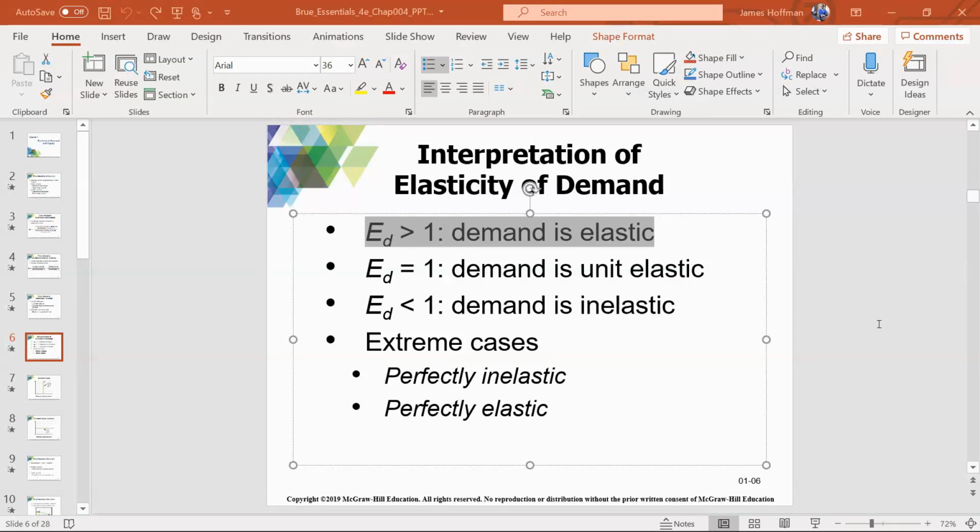And this normally means that the demand curve is flatter. So you typically have a flatter demand curve for an elastic good.